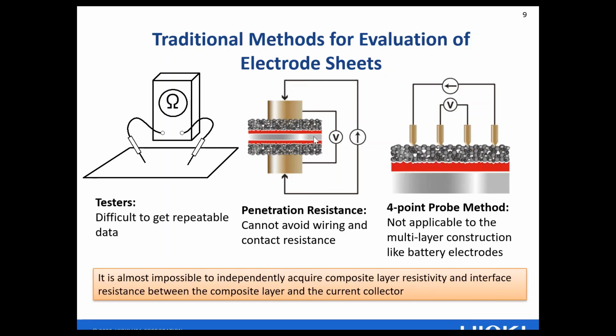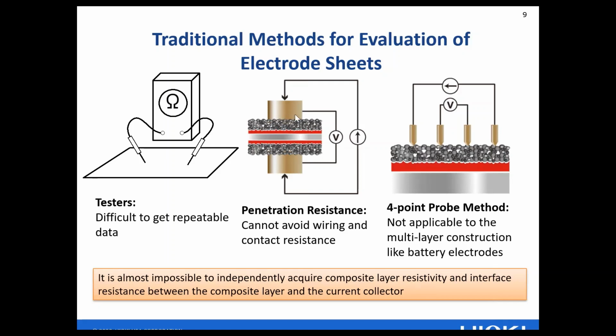It is reproducible, and you can automate that pretty easily. The challenge with this method is that it is very difficult to calibrate out wiring resistance and contact resistance, and we're talking about fairly low impedance measurements here in the millivolt or microvolt range. So all the cables, all the connectors, all the contact resistance becomes an influence factor of the measurement.